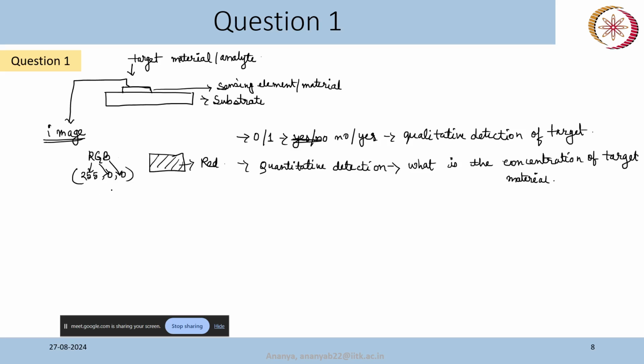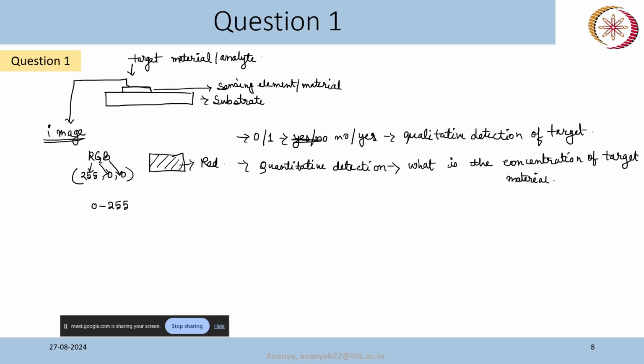But this R value can be anywhere between 0 and 255. Typically in our computer, the RGB values are 8-bit numbers, that is why it is 0 to 255.